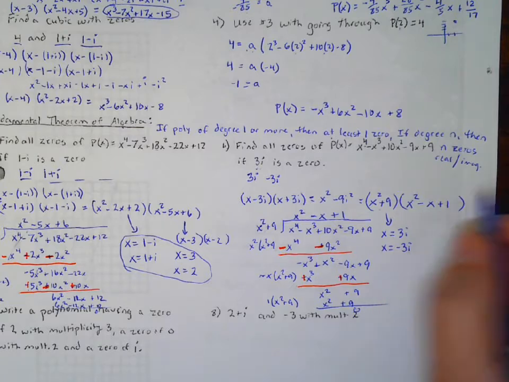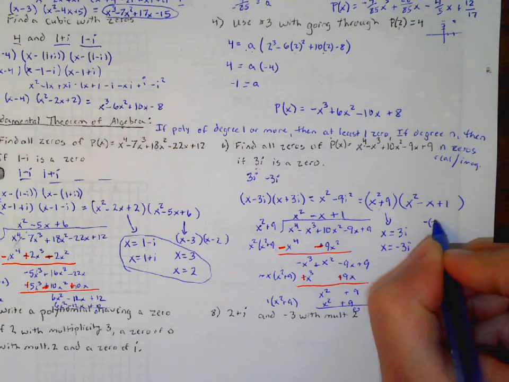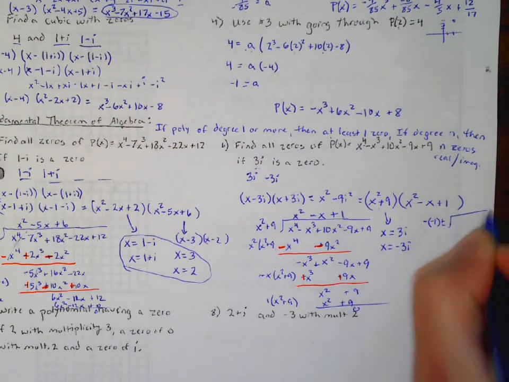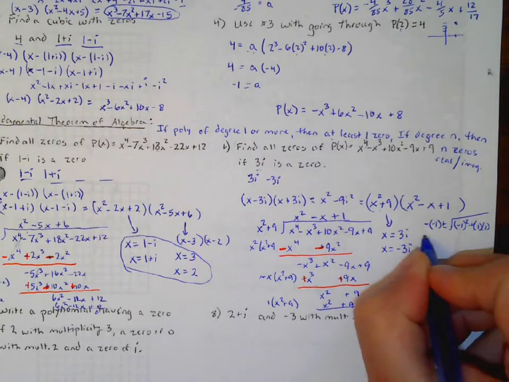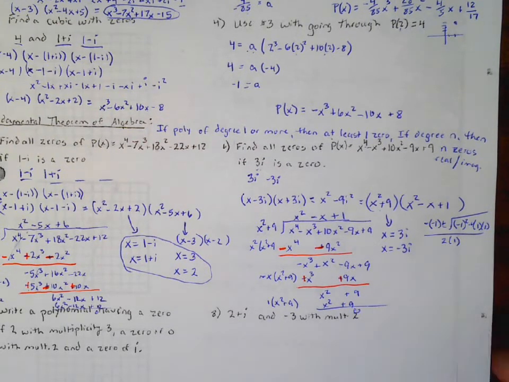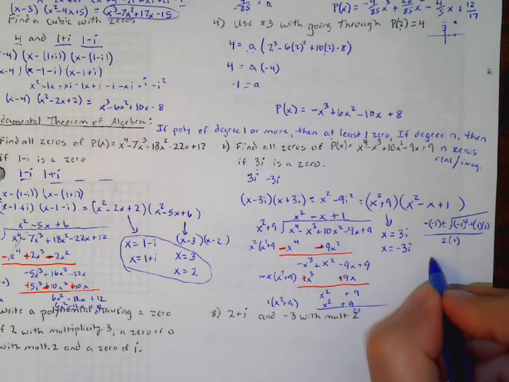You can take your pick. I'll just use the quadratic formula: negative b plus or minus the square root of b squared minus 4 times a times c, over 2 times a. This would be 1 minus 4, which is negative 3.